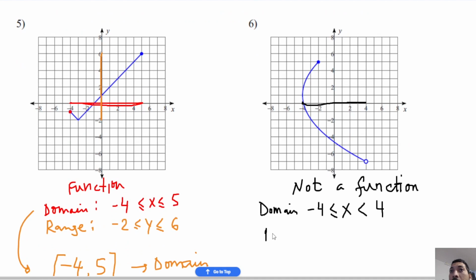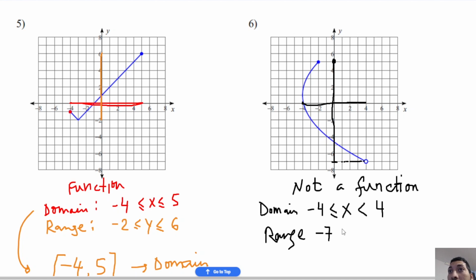Now for the range, we look at the lowest value on the y-axis. So you start off right here and go all the way upwards, and you stop right here. Now this lowest value, -7, again we can see that there is an open circle. So we put -7.